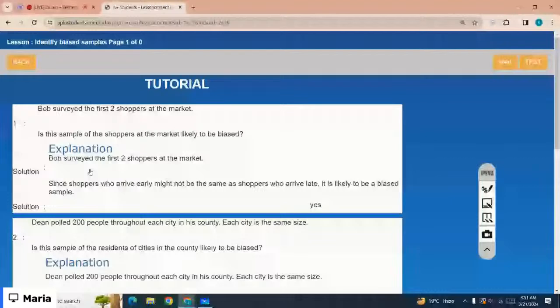Let's just start. Okay, Bob surveyed the first two shoppers at the market. Is the sample of the shoppers at the market likely to be biased?